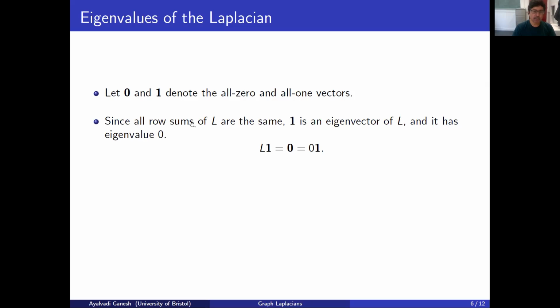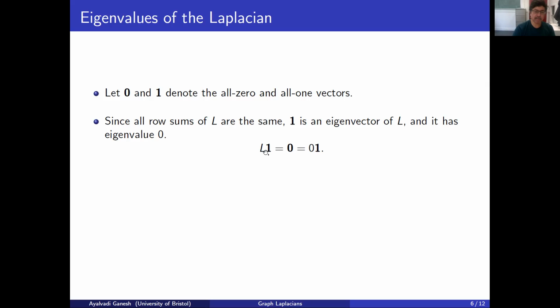Okay, we notice that all the row sums of L are the same and in fact equal to 0, because it's D minus A, and D was by definition the same as the row sum of A. If all the row sums are the same, then the all 1 vector is an eigenvector of L, because if you multiply the matrix L by the column vector of all 1s, you are calculating the row sums.